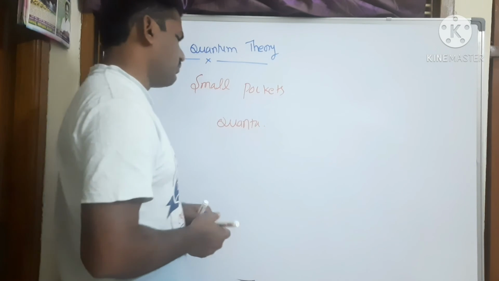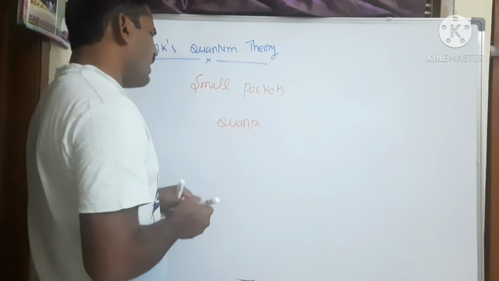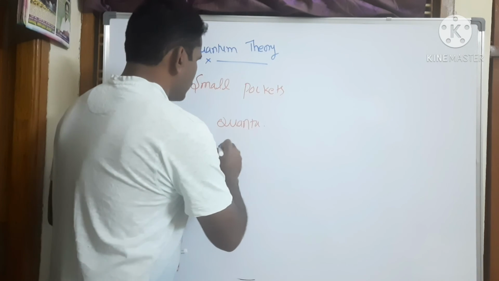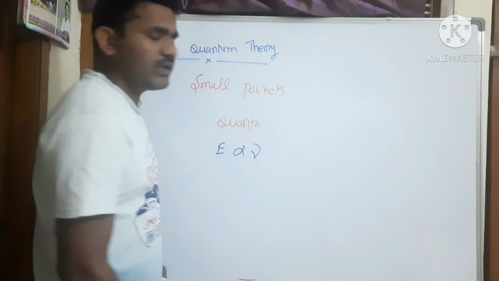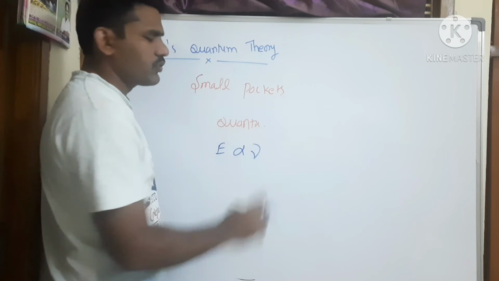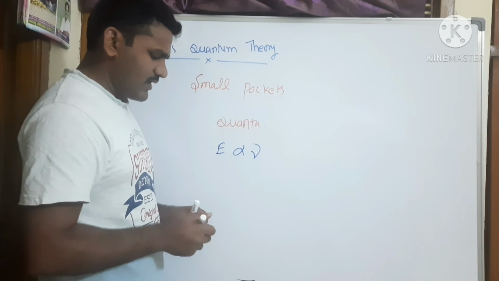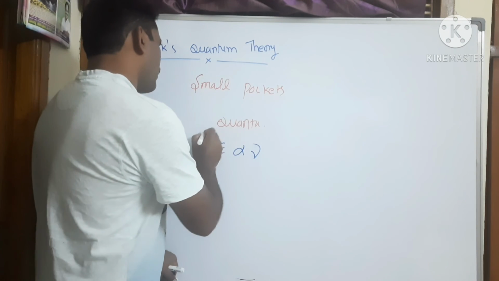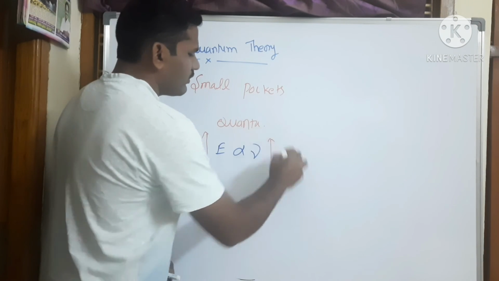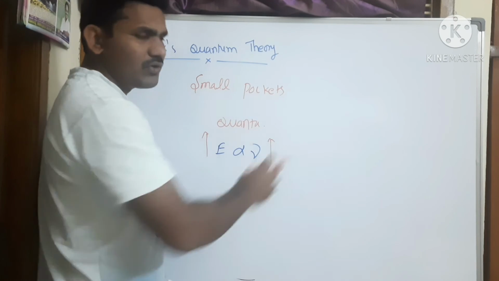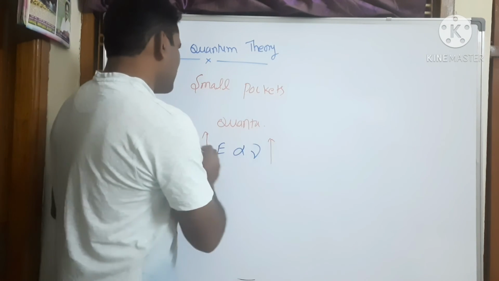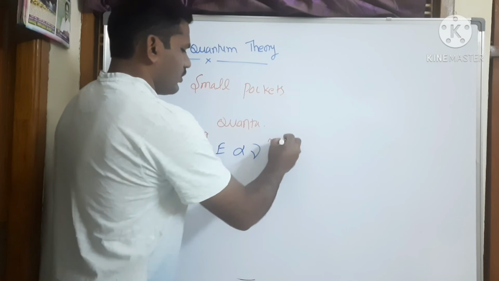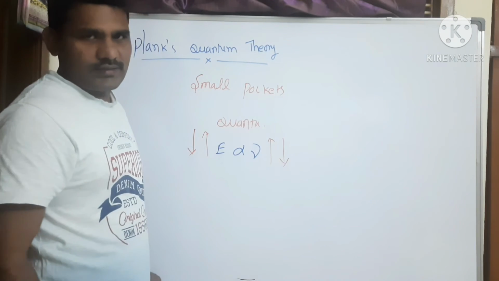According to Planck's quantum theory, energy of each quantum is directly proportional to its frequency, E proportional to nu, which says that with increase in the energy of the quantum, its frequency also increases as they are directly proportional to each other. With a decrease in the energy of the quantum, frequency also decreases.